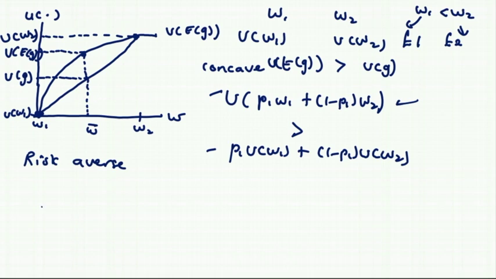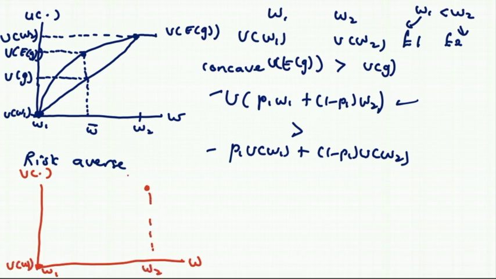Now what about this? I give you another one here. Let's use a different color, say red. I have W1 with UW1, and W2 with UW2. Join these two points to get a straight line.